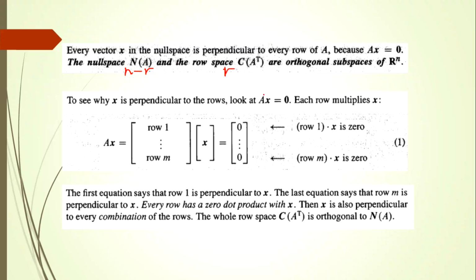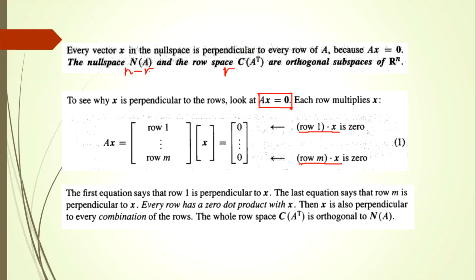Now, let's check the null space. For the null space, that will be Ax equals 0, right? So we can express the matrix A by writing the m rows, row 1 dot x, where x is the column vector. So each dot product, row 1 dot x, row 2 dot x, until row m dot x, is 0.